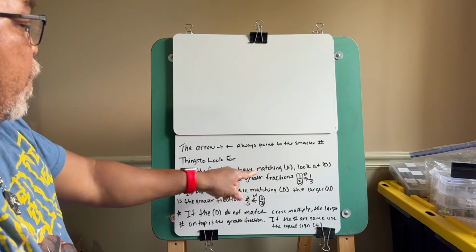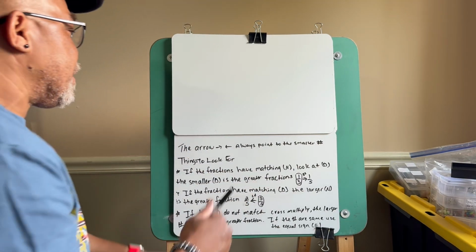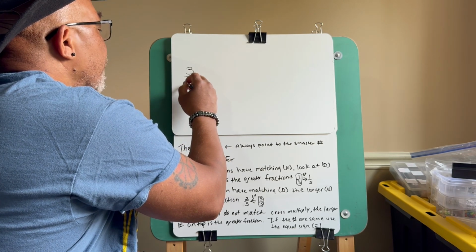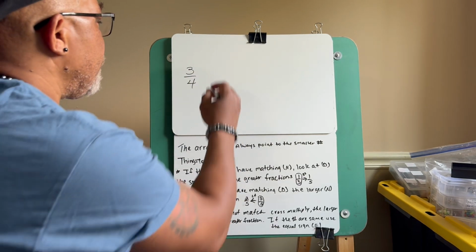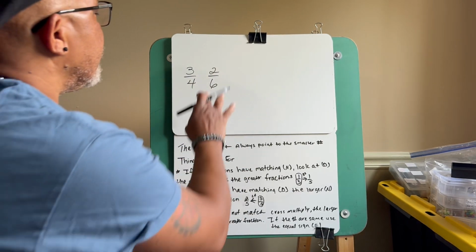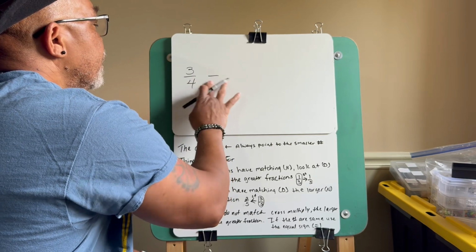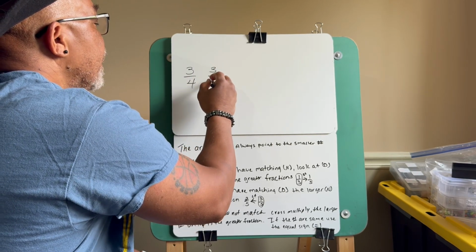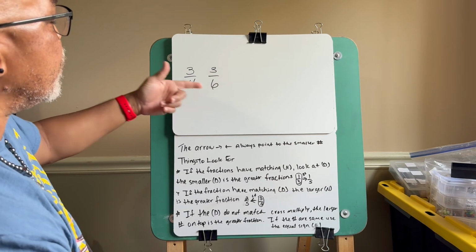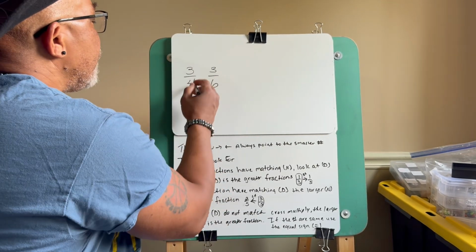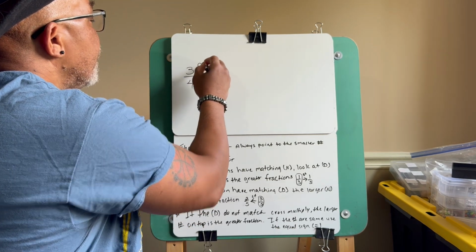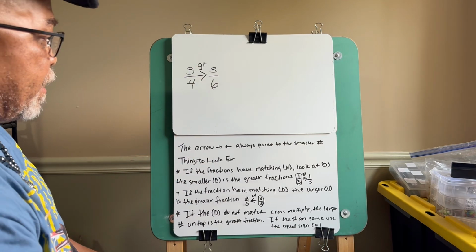So if you have matching numerators, let's say you got 3/4, right? And you have 3/6. Since 4 is smaller than 6, that means that 3/4 is greater than 3/6.